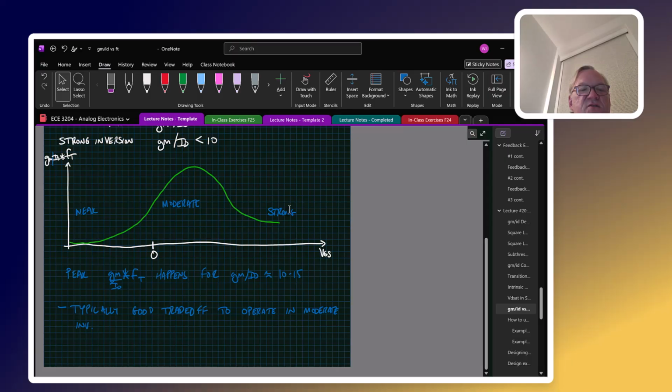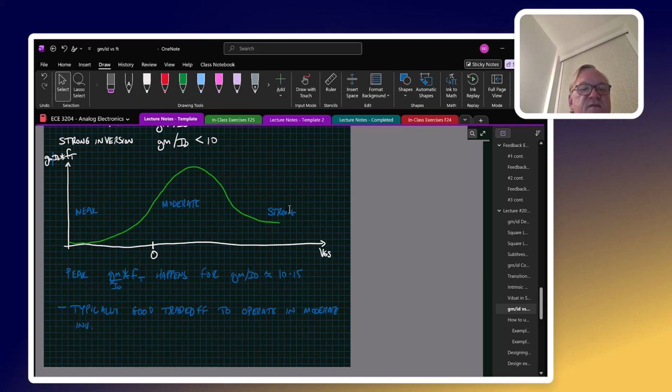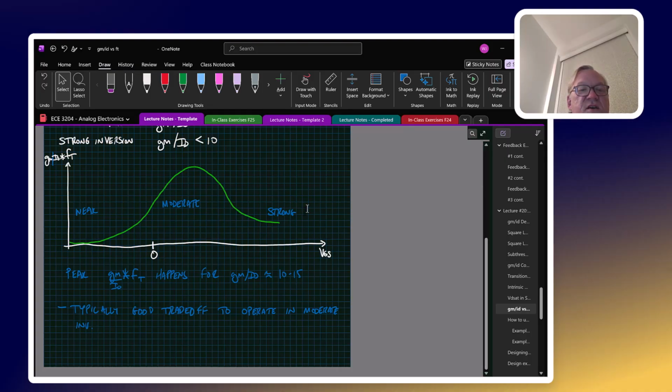So the peak GM over ID times FT, the peak gain efficiency versus speed, happens for a GM over ID in the moderate inversion range of about 10 to 15. So typically a good trade-off for many designs is to begin operation in moderate inversion, and if you need the device to be faster, you can go more into strong inversion, or if you need it to be more efficient, you can go more into weak inversion.